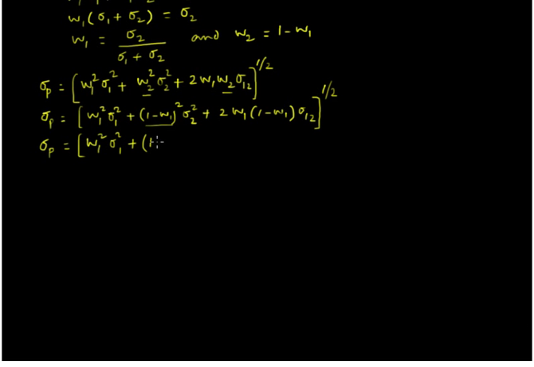What we are going to get is 1 plus W1 squared, minus 2 times W1, and this is being multiplied with the variance of 2, plus, let us multiply out this term now, 2 times W1 times 1 times covariance between 1 and 2, minus 2 times W1 times W1, this gives us W1 squared times covariance between 1 and 2. And all this is going to be raised to the power of half.